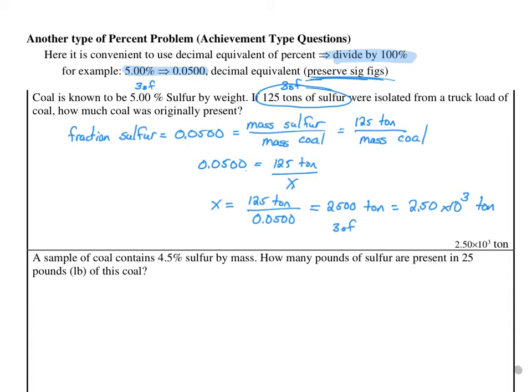Now when we're converting from decimal to scientific notation, we note that we've moved the decimal point 1, 2, 3 spaces. This number is greater than 1, so that we know that the exponent has to be a positive 3. There are 3 digits in this coefficient, so we know we've correctly expressed this answer in 3 sig figs.